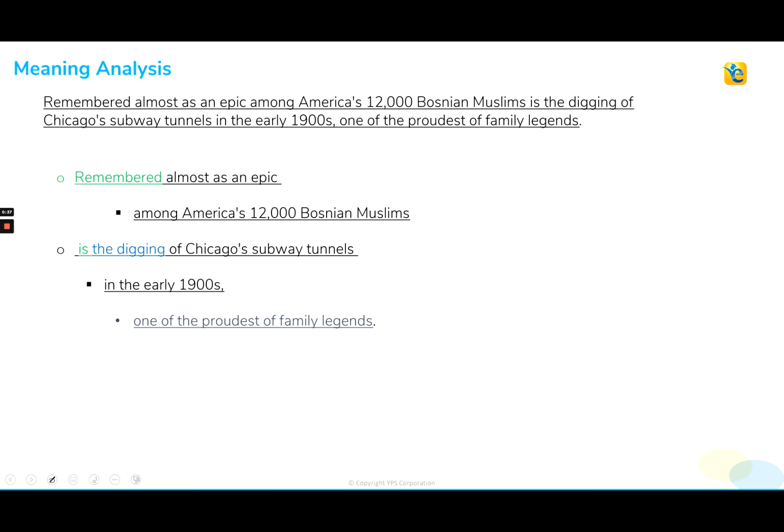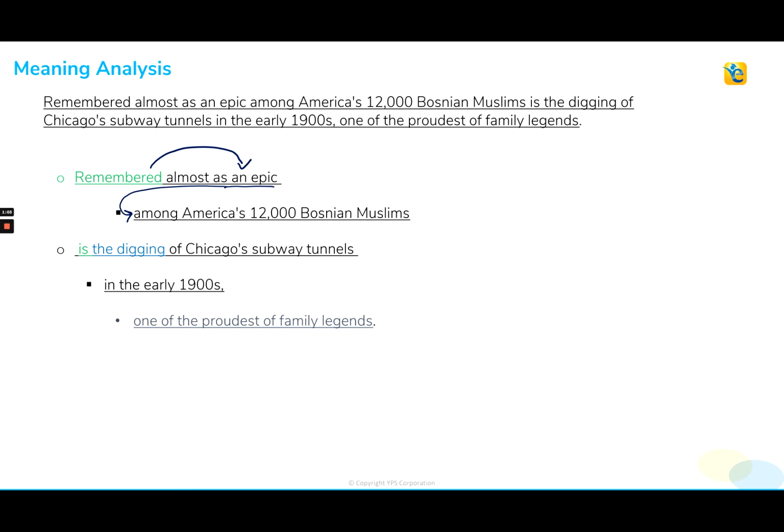As we begin reading, we see remembered almost as an epic. So we know that something is remembered, and it is remembered almost as an epic. So we keep reading to find out what. Among Americans, 12,000 Bosnian Muslims. So this epic is remembered among this group of 12,000 Bosnian Muslims is the digging of Chicago's subway tunnels.